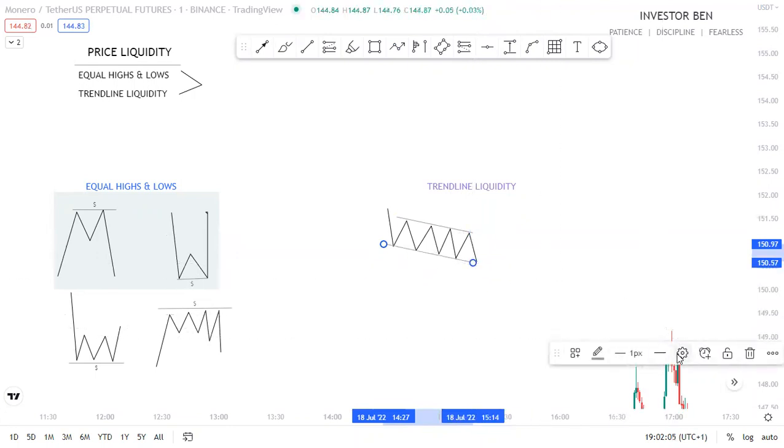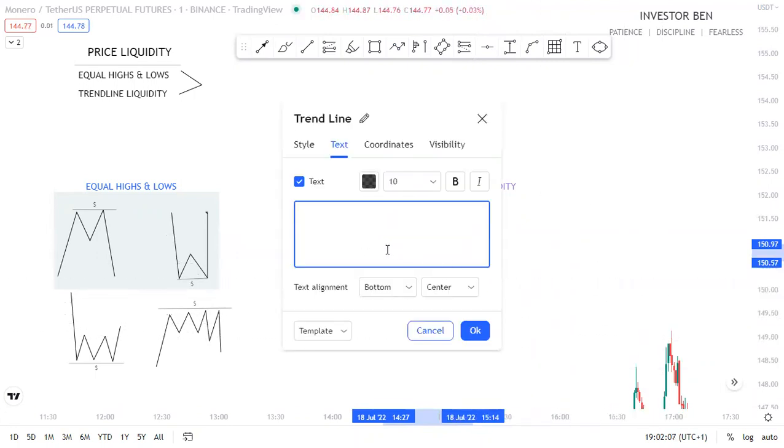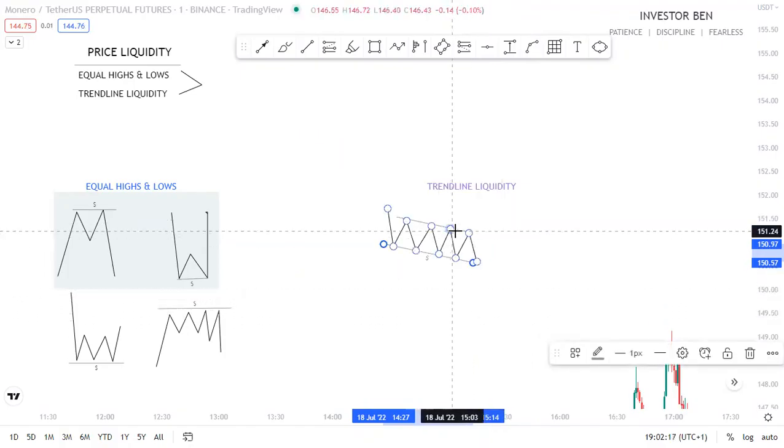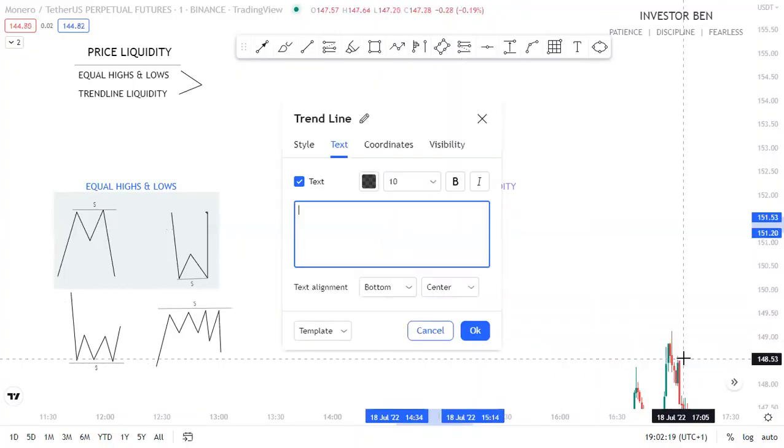Do you see these two things here? You see these lines here and the other one here? Yeah, liquidity is lying there and price takes out liquidity, right?